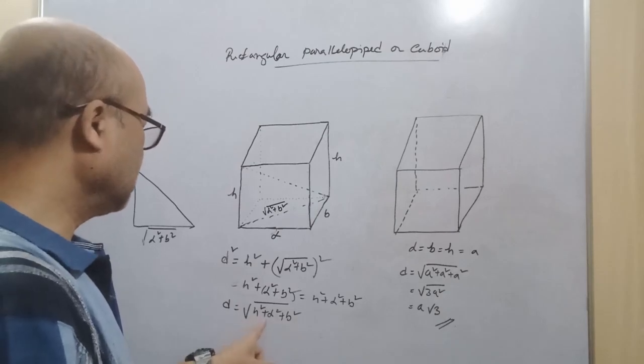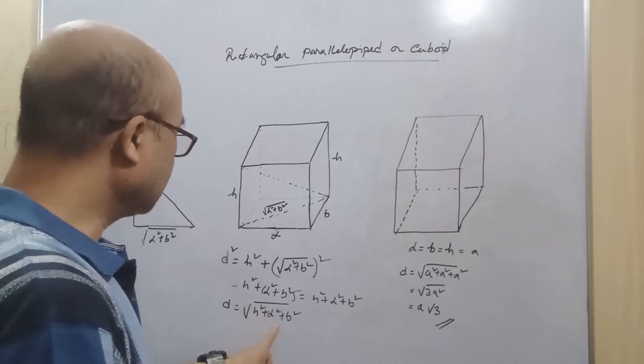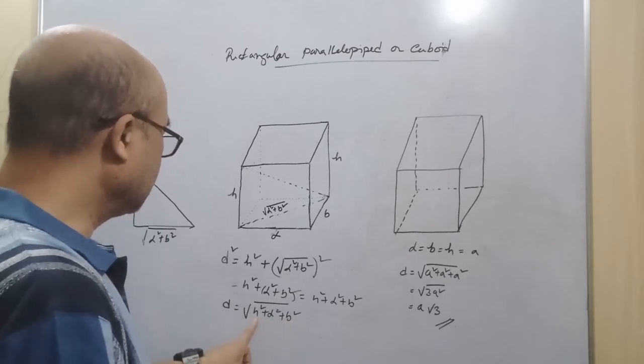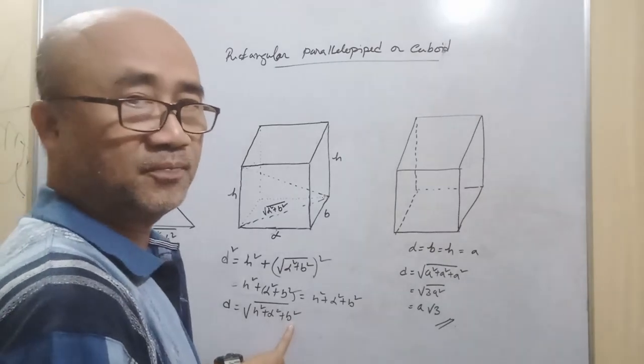Root over h square plus l square plus b square, where h is height, l is length, and b is breadth.